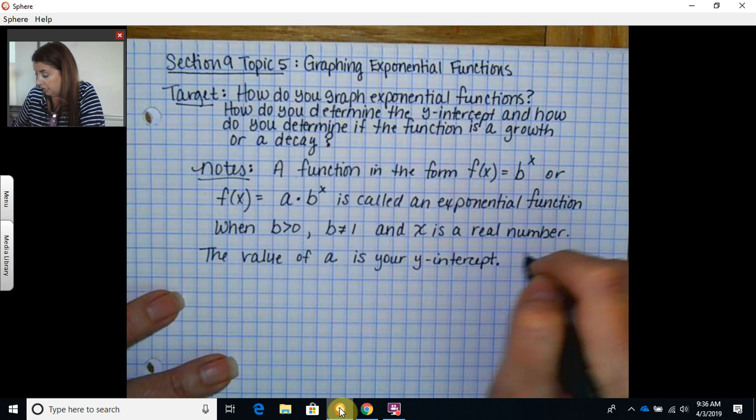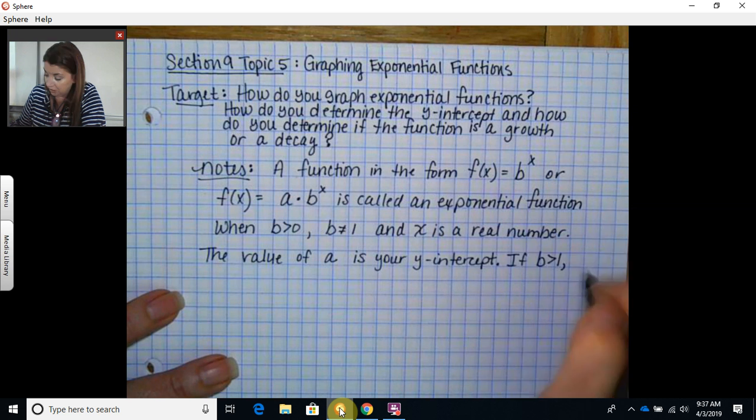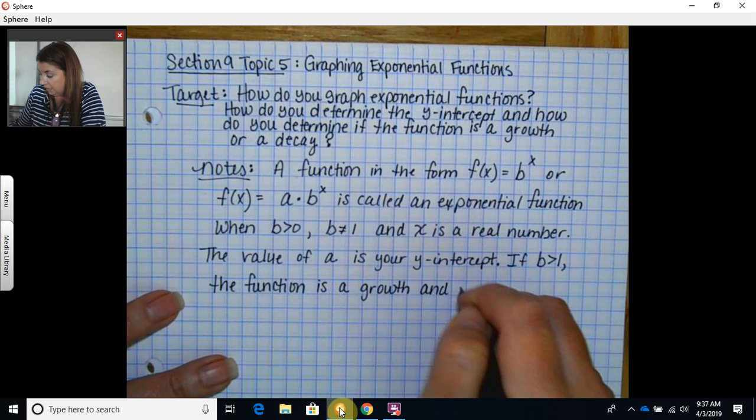If b is greater than 1, the function is a growth. And if b is less than 1, the function is a decay.